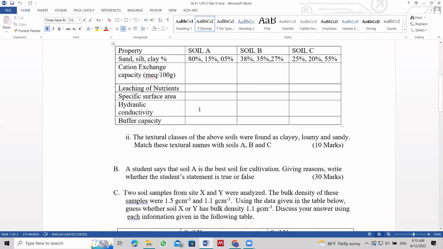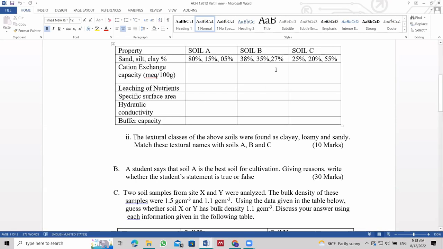Hydraulic conductivity is high, buffer capacity is also low. So among all, except hydraulic conductivity, all others are poor in soil A. Therefore it is a false statement.